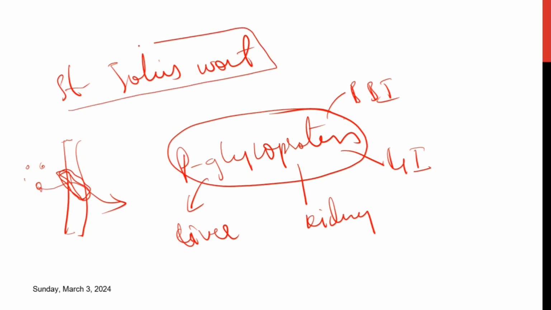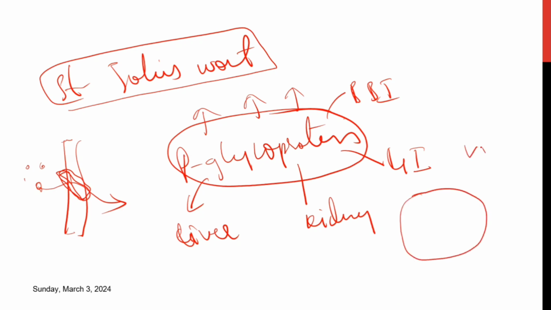And St. John's wort will induce this P-glycoprotein. Due to induction of this P-glycoprotein, the activity of P-glycoprotein will increase, and with that, it will remove the drugs from the cells, and it will decrease the activity. For example, if the patient has cancer and we are giving vincristine and vinblastine anti-cancer drugs to kill the tumor cell.